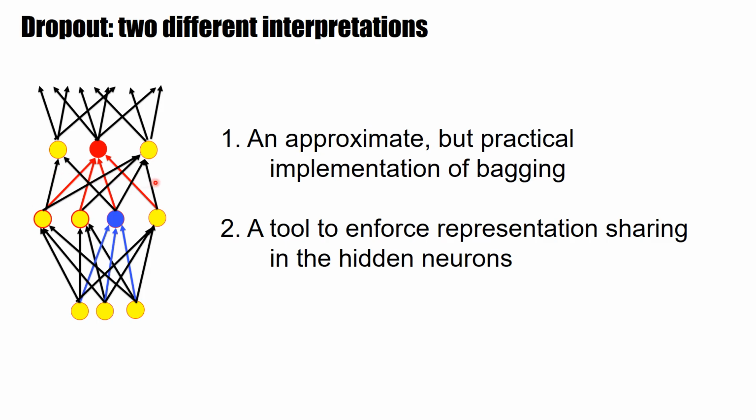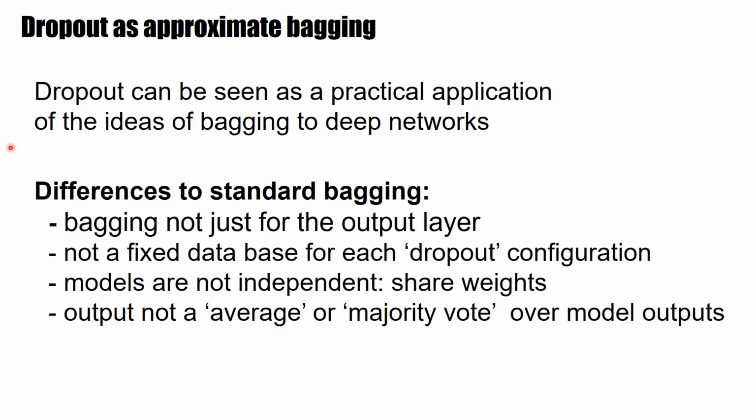There are two different interpretations of that method. The first interpretation is, well, it's an approximate but very practical implementation of bagging. However, there are several differences between Dropout and standard bagging, and you should be aware of these differences.